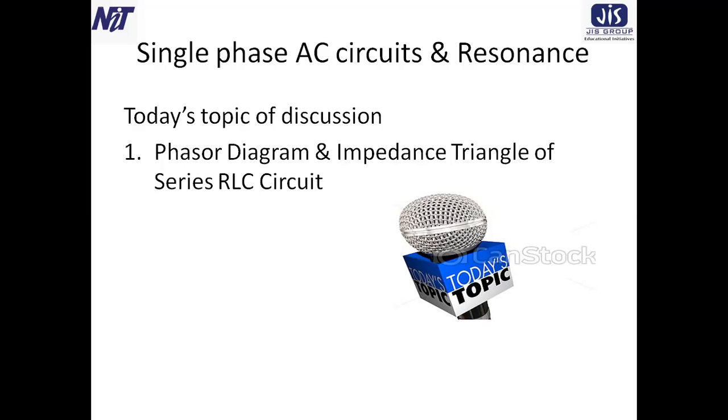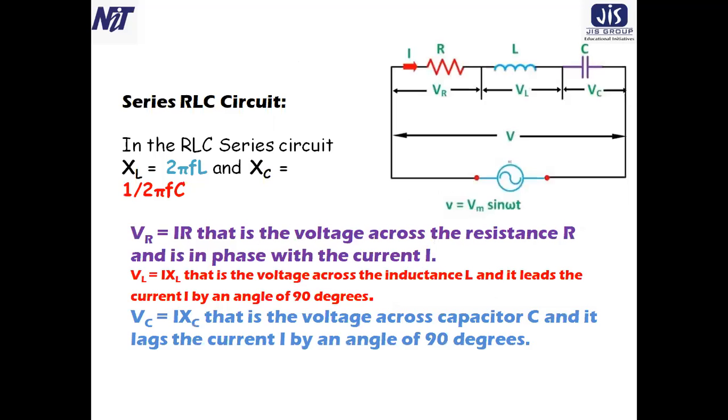RLC means resistor, inductor and capacitor. If all these three elements are connected in a circuit in series, then that type of circuit is called the RLC circuit. Look, on the right side top corner, a circuit is given here. What is the name of this circuit?